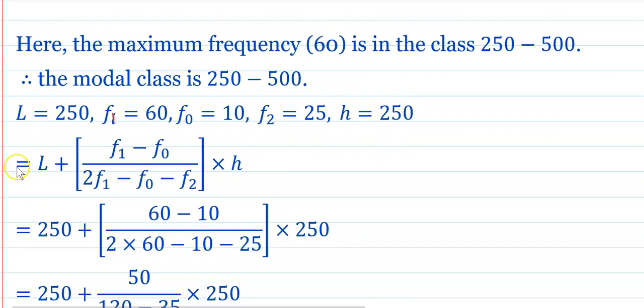Therefore, mode equals L plus (F1 minus F0) upon (2F1 minus F0 minus F2) into h. Substitute the values: 250 plus (60 minus 10) upon (2 into 60 minus 10 minus 25) into 250.